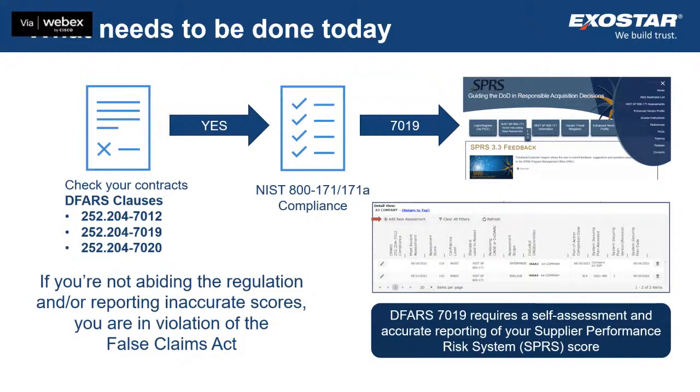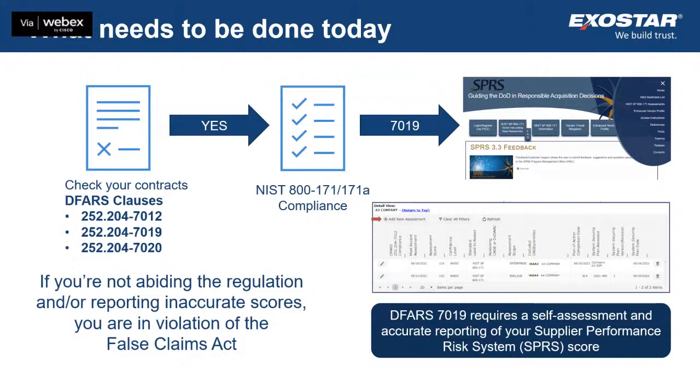That tells you the points you award yourself if you've implemented one of those 110 controls, how you've implemented it, etc. And that gives you a numeric score that you then enter into that SPRS system and share that score with the Department of Defense. So if you've got that 7019 clause, that's what you should have done today.